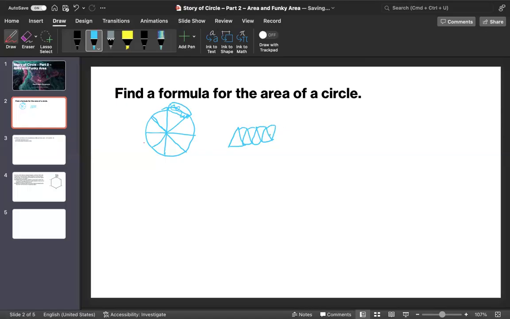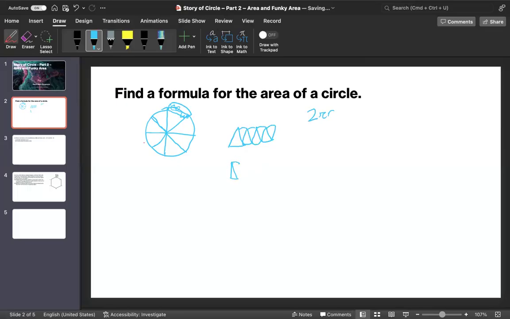So let's rearrange this to look like a shape that we know how to find the area of. As we did in our last video, don't forget that the circumference is equal to 2 pi r. So here's half of one of these sectors.